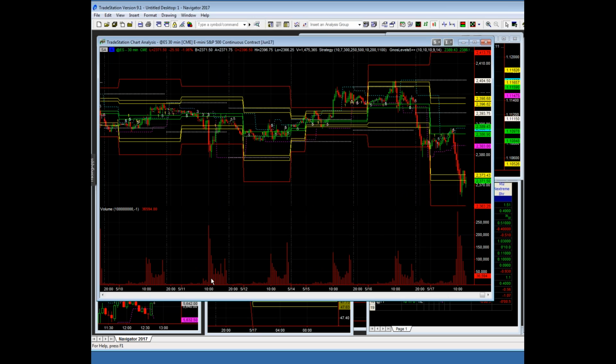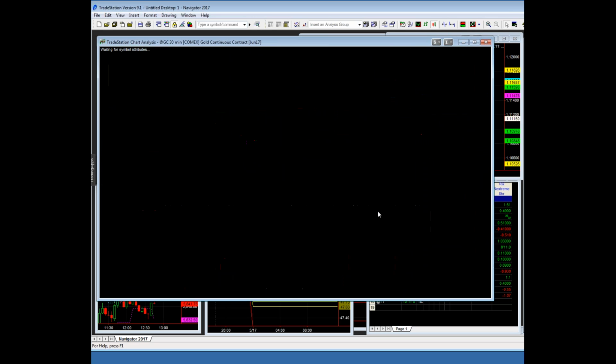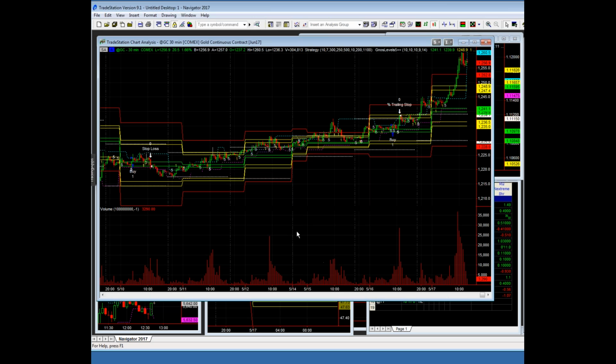The S&P comes down during lunch, but at the end, the last hour and a half, it picks up. Here's gold. Gold is like the euro. We stopped trading gold at 10 o'clock.